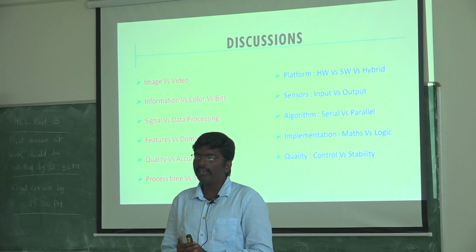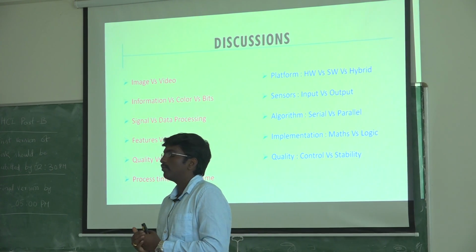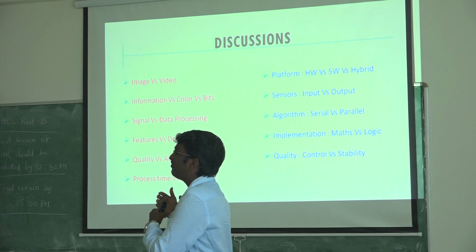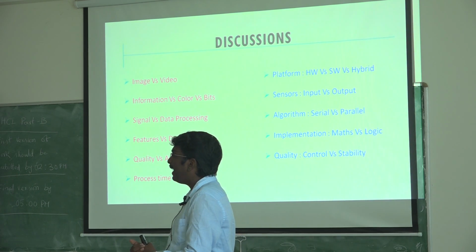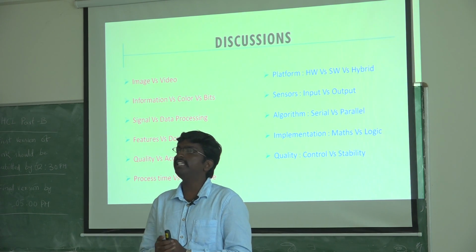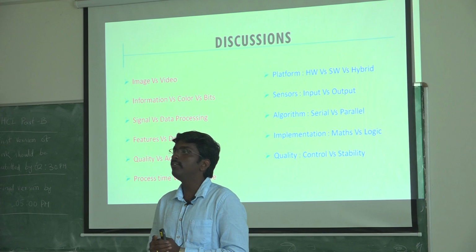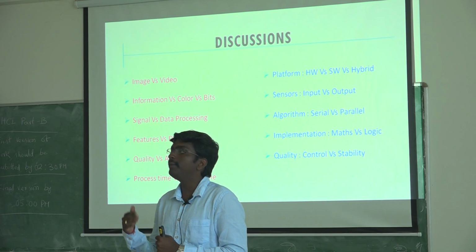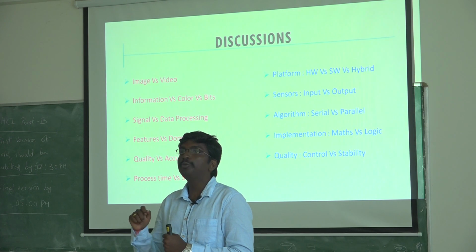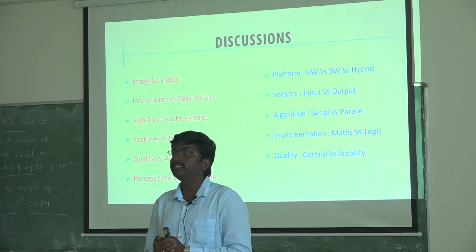The next one, quality versus accuracy. In case I'm processing in the same domain, I know what kind of changes I'm going to make. If I make this change, what will happen? But in case I'm changing in some other domain, I don't know what effect I'll get. Sometimes it may be positive, sometimes it may be negative. So I should be very careful when I go to some other domain.